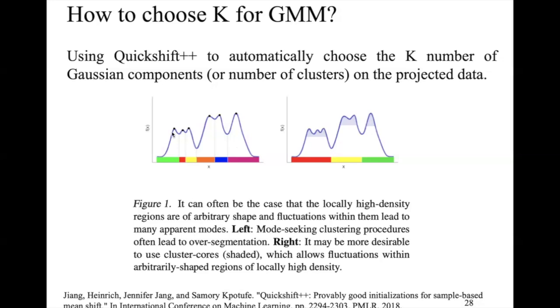The figures illustrate that if we use the original mode seeking algorithm, we find a whole bunch of clusters in each peak, but this one won't work. So they propose methods to combine the different local clusters into a bigger one, to have fewer clusters, and to do this automatically.